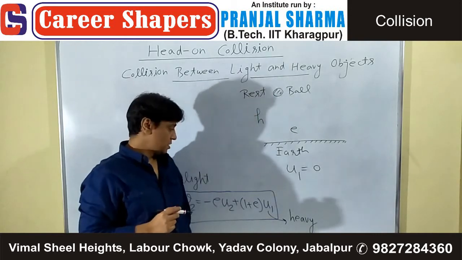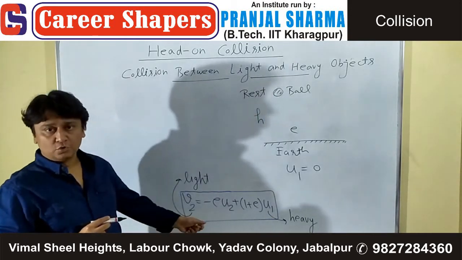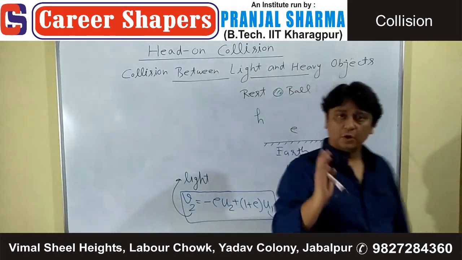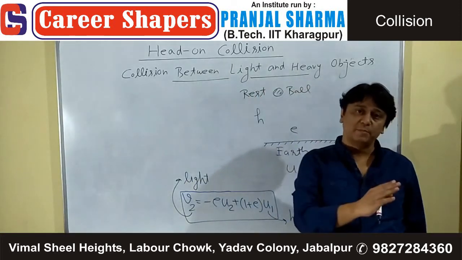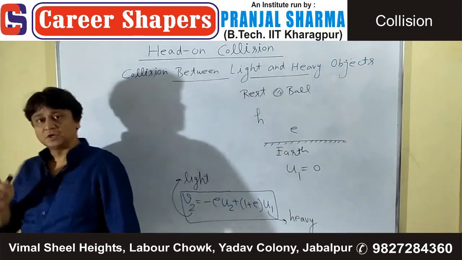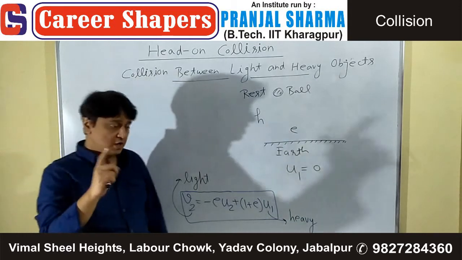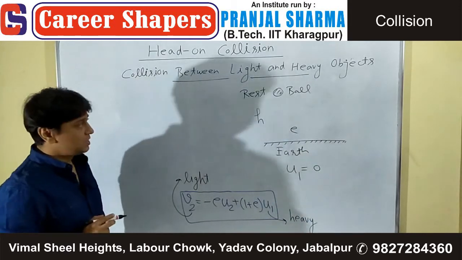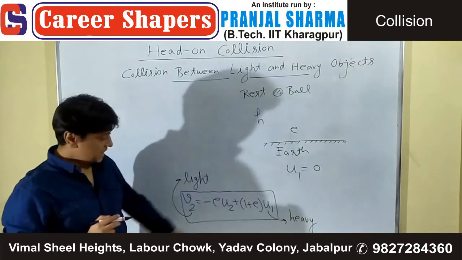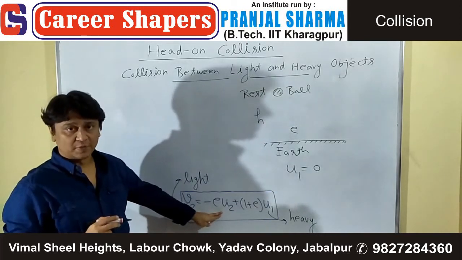But no. What do you mean by u1, u2, v1 and v2? When you say u1 and u2, these are velocities just before impact. And v1 and v2, these are velocities just after. And therefore, this rest should not be used as u2.